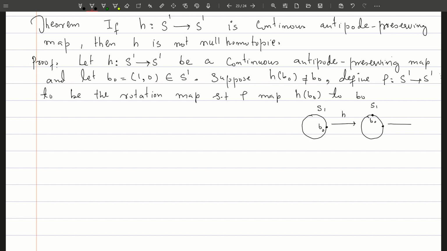Now from this S1 to S1 we have another map rho. This is the point h of b naught.